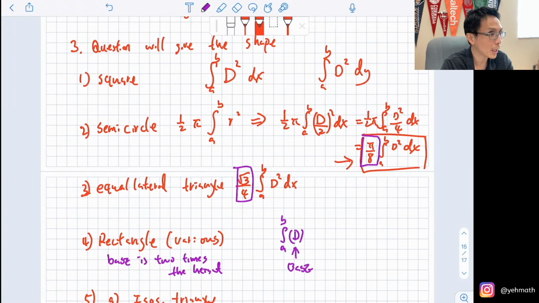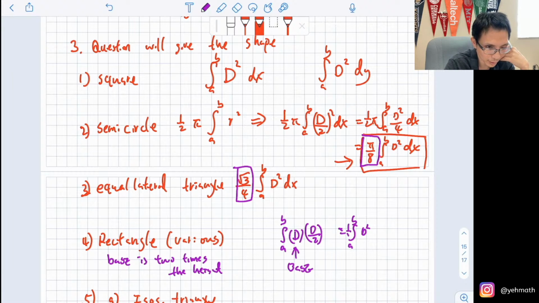But it's 2 times the height, so the height must be half the base. Does that make sense? So it's going to be d over 2 in this particular case. So it was a to b, d squared, and there's 1/2 in the front. It's 2 times. If it's 3 times, then it's going to be 3 underneath.